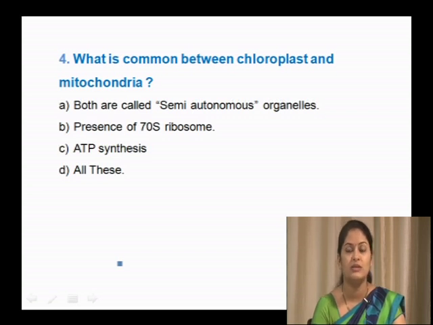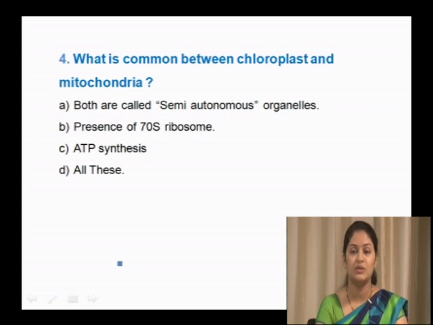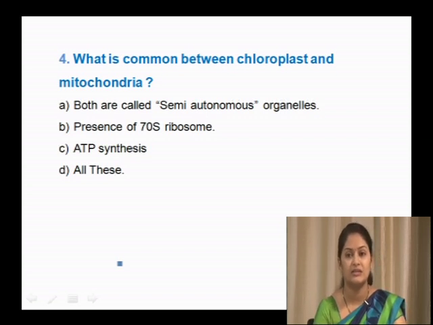Yes, though these two organelles are found in eukaryotic cells, within these organelles we can find 70S ribosomes just like in bacterial cells. C, we can see ATP synthesis in both these organelles. Mitochondria go for the process of ATP synthesis called oxidative phosphorylation, and chloroplast will synthesize ATP by a process called photophosphorylation. So this question has the clear answer, that is D, all these.